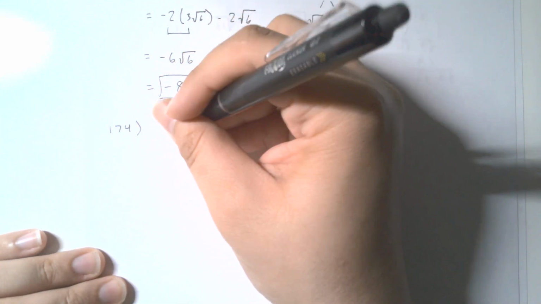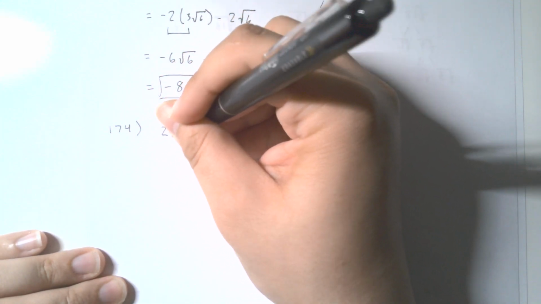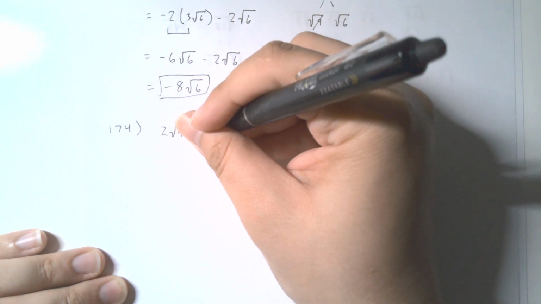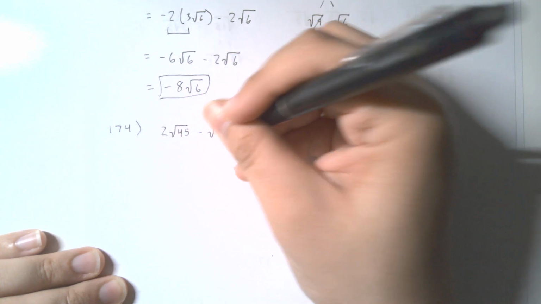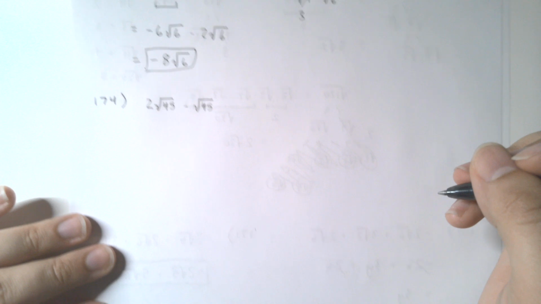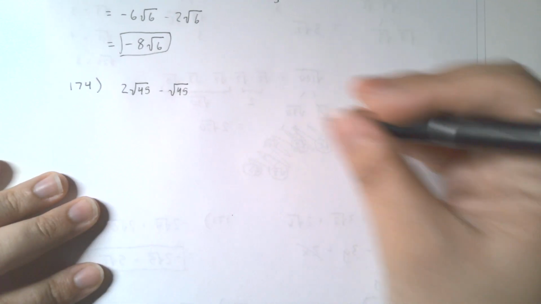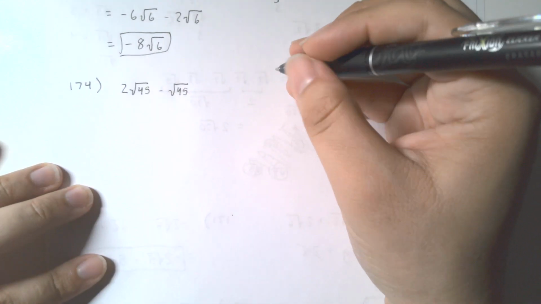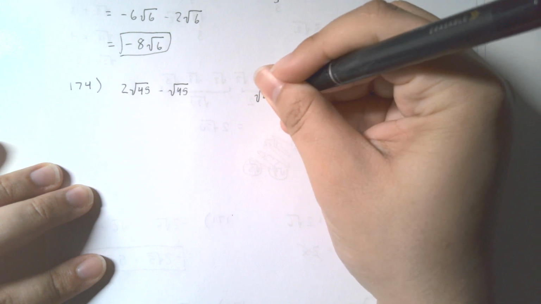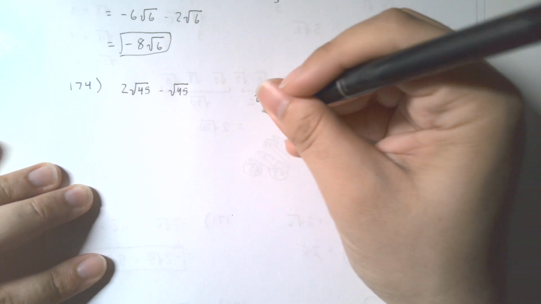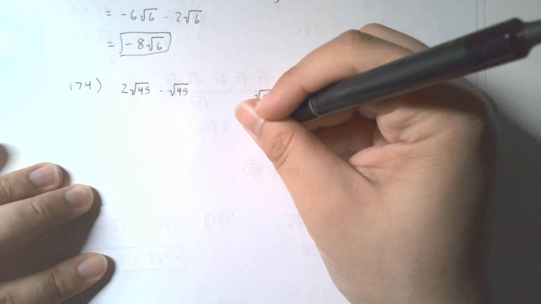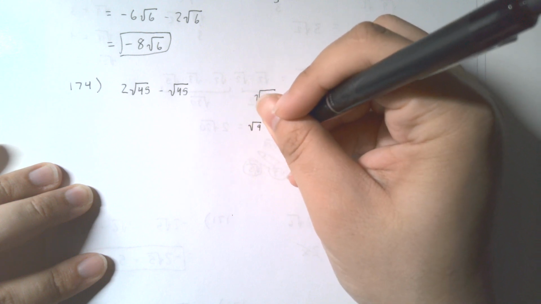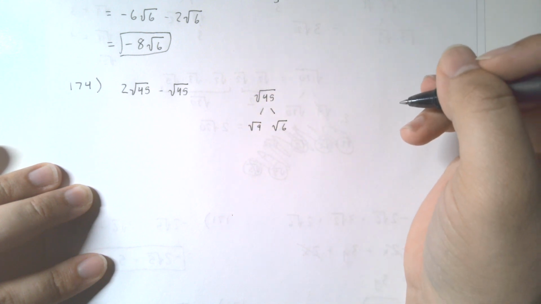So for number 174, we have 2 square root of 45 minus the square root of 45. And sure enough, the square root of 45 is divisible by a perfect square. So we can take the square root of 45 and we can break that up as the square root of 9 times the square root of 6.